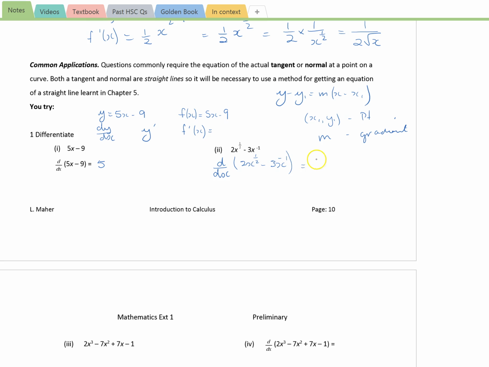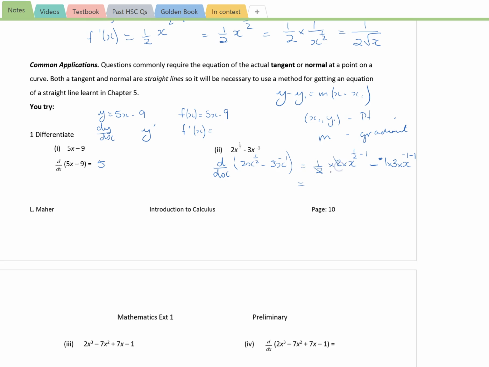Once I've differentiated, I go straight to what the expression is, which is a half times 2 times x to the half minus 1. Minus, bring the power to the front, times another negative 1, bringing the power to the front, times 3 times x to the minus 1 subtract 1.